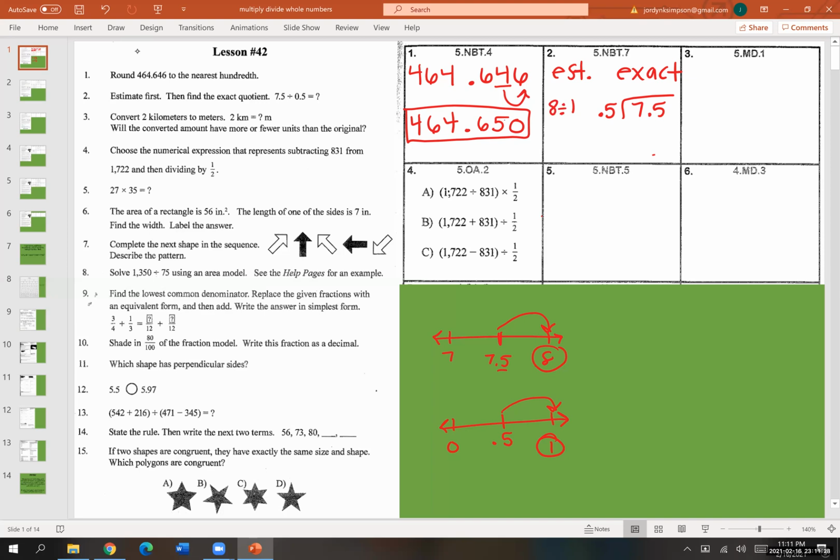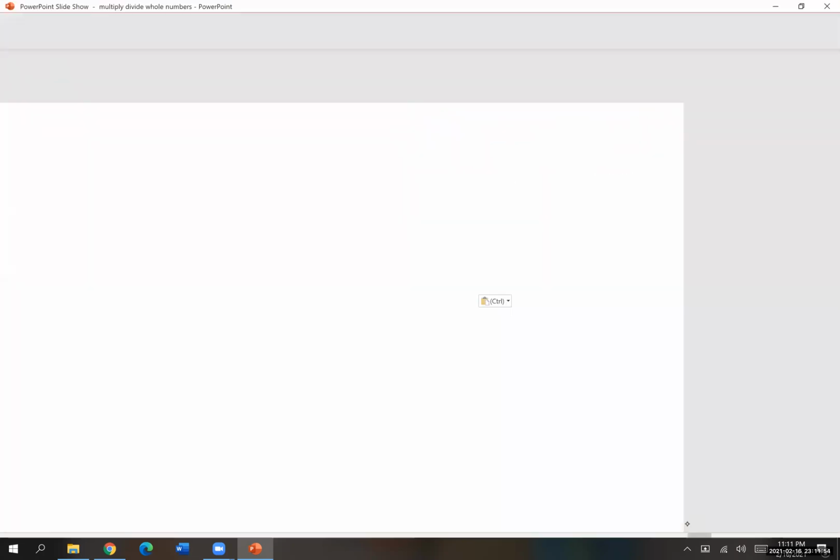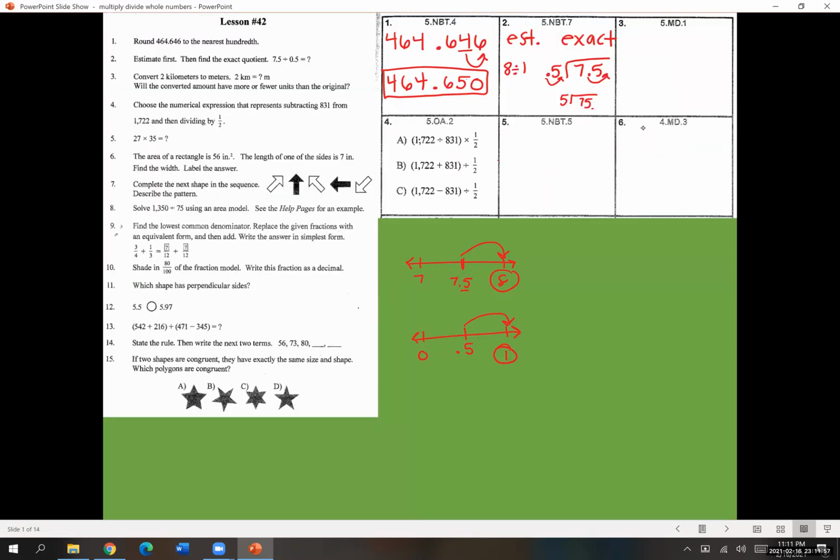So let's go ahead and do the exact. First we're going to move these decimals. If I move my decimal once to the right on one, I have to do it to the other as well. So then that would make it 75 divided by 5. If you don't know that, skip count by 5: 5, 10, 15, 20, 25, 30, 35, 40, 45, 50, 55, 60, 65, 70, 75, which would be 15 times.